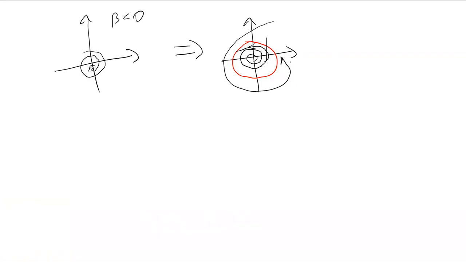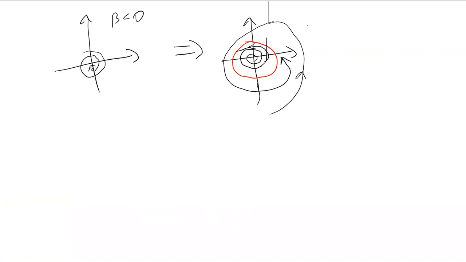So we have convergence of phase trajectories from inside, they get out and converge to the limit cycle, and from outside they also get in but also converge to the limit cycle.